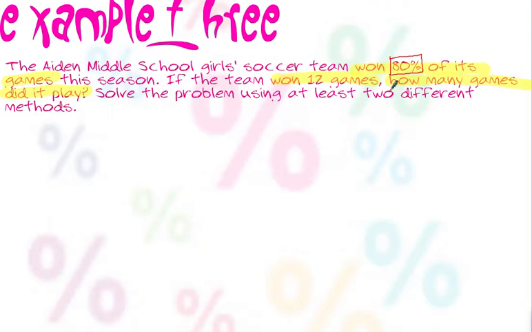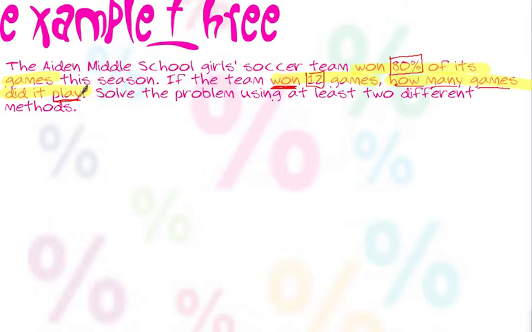So if they had played 100, they would have won 80. 12 is important because 12 tells us how many games they won. So 12 and the 80% go together. And I want to know how many games did they play. So I'm not looking for how many did they lose or win. I'm looking for how many did they play overall. I'm looking for that total.